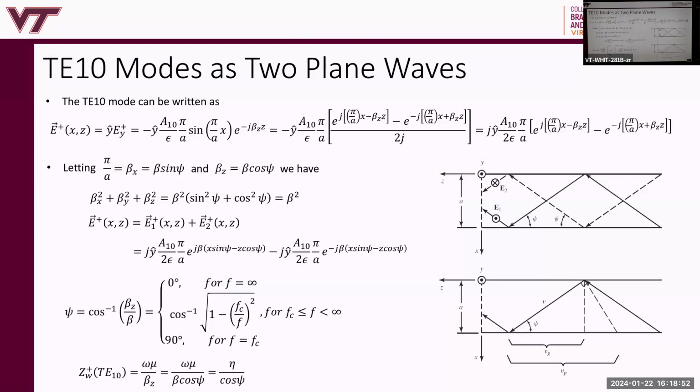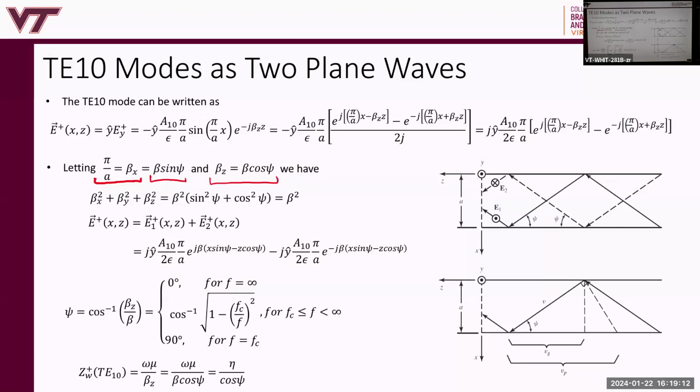If we let pi over a equal to beta_x, we don't have to let that, right? That is already by definition. Beta_x is pi over a for this mode. But we can let beta_x equal to beta sine of psi. And then we have beta_z equal to beta cosine of psi.